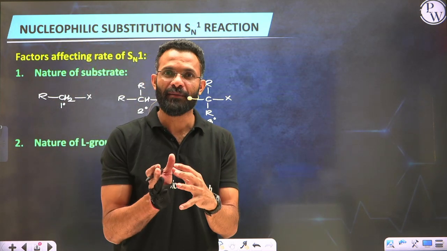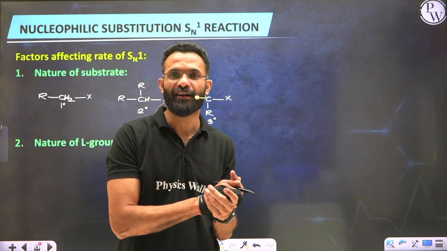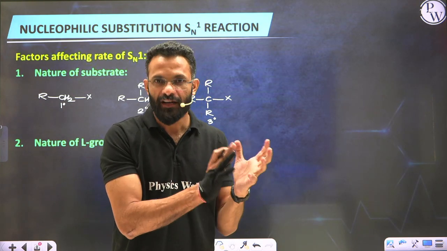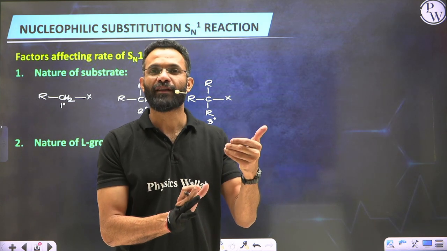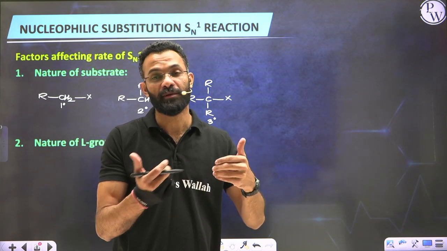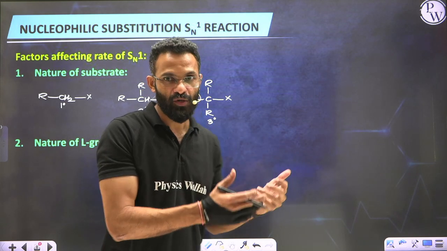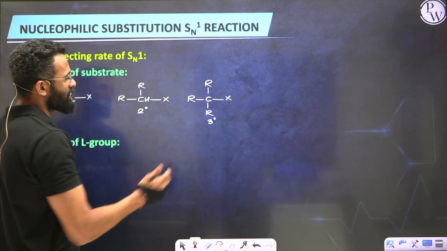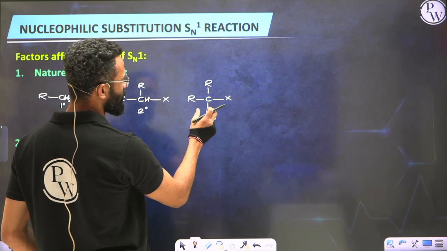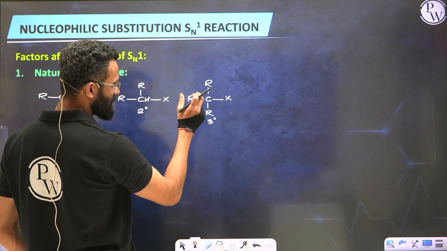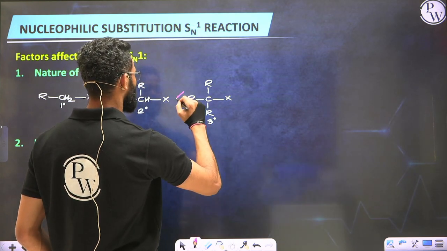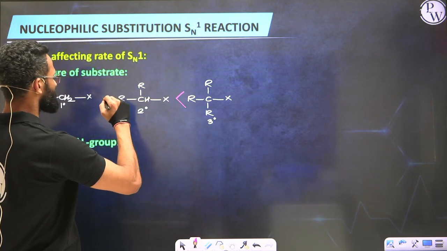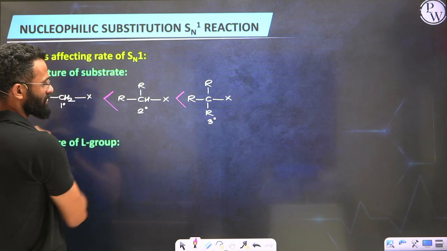In the rate determining step, the product obtained is a carbocation. So whichever carbocation is more stable, the rate of reaction of that alkyl halide will certainly be faster. If the carbon halogen bond is broken, what carbocation am I going to get? Tertiary. The tertiary carbocation being more stable, it will undergo SN1 reaction faster than secondary alkyl halide, than primary alkyl halide.